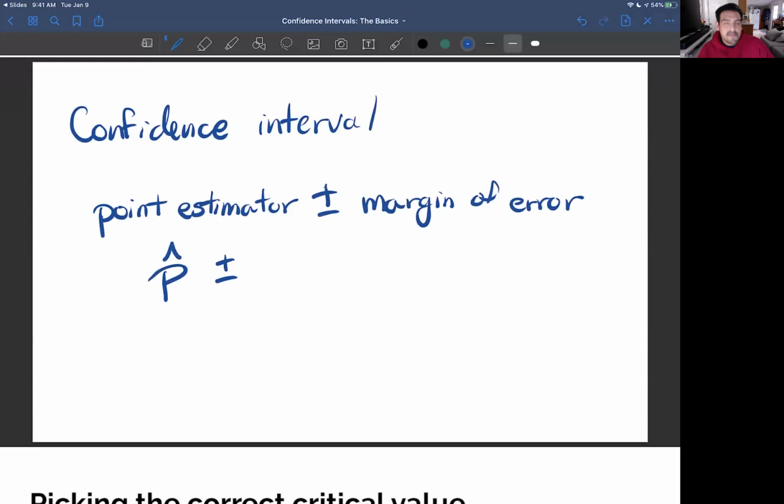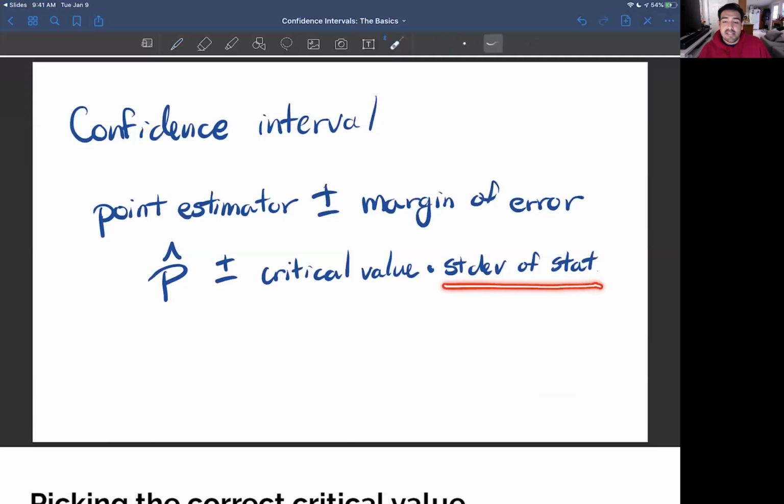If you remember at the end of our last video, the margin of error was defined as a critical value times the standard deviation of the statistic. So we just covered the standard deviation of the statistic. It's basically a standard deviation based off of the point estimator that we've calculated or collected.